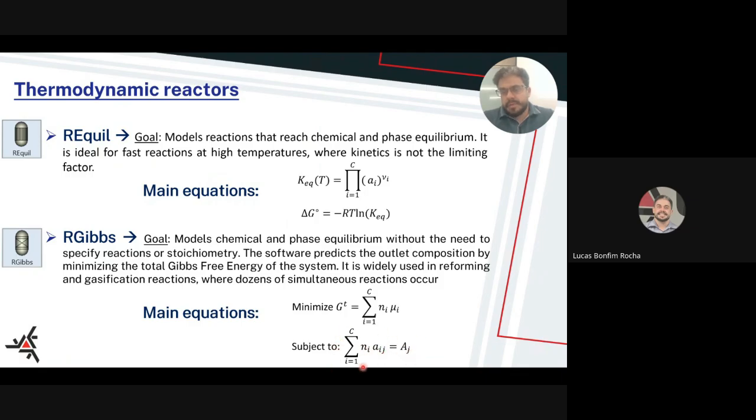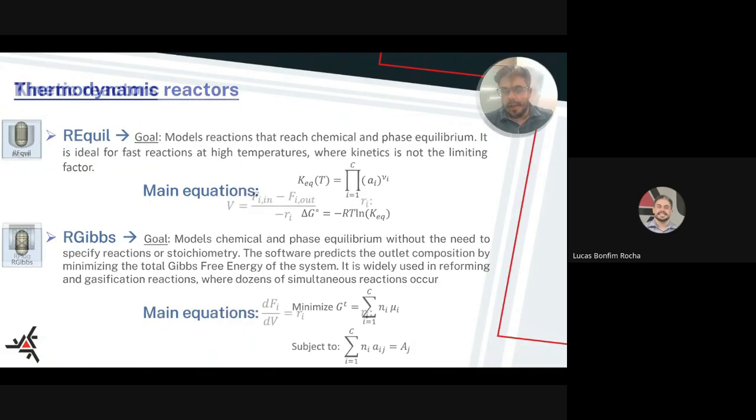So here we also need the balance for atoms or the compounds present in our system. And it's widely used in reforming and gasification reactions where dozens of simultaneous reactions occur. So when you have many reactions or possibilities in your system, it's a good model for predicting the products in this kind of situation.